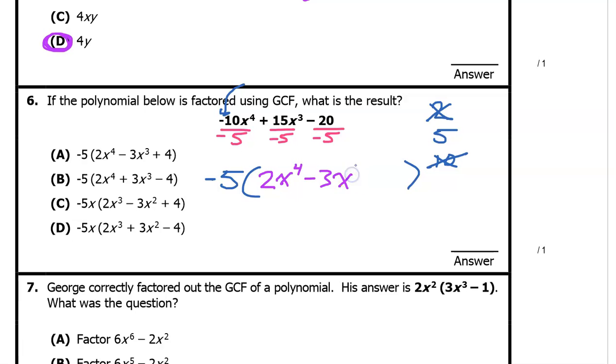And the x to the third power just stays what it is. -20 divided by -5 is +4. Okay, so there it is. That is A.